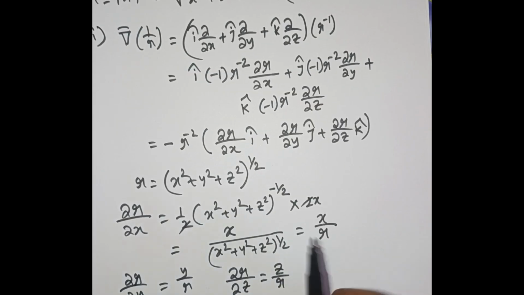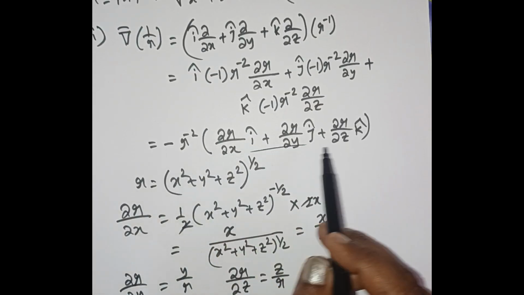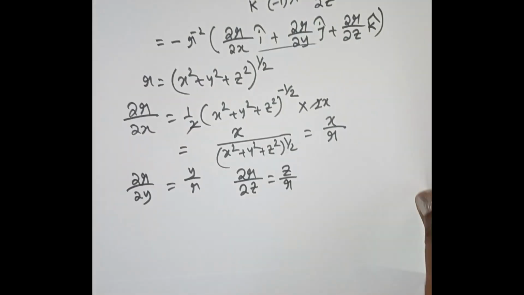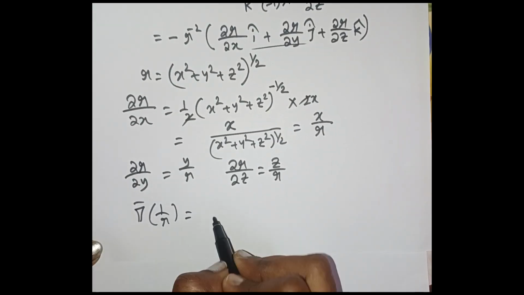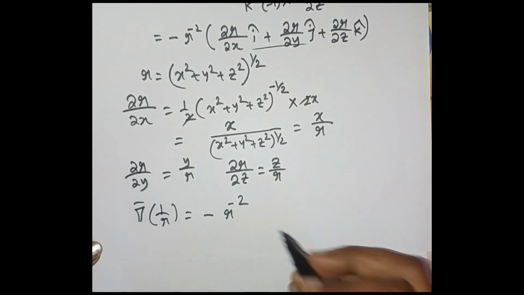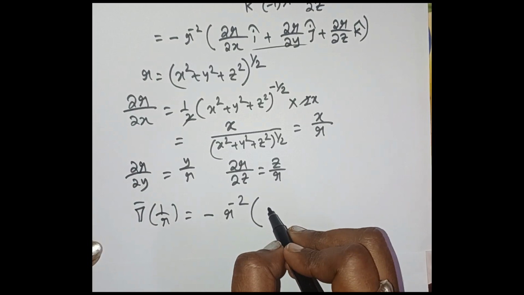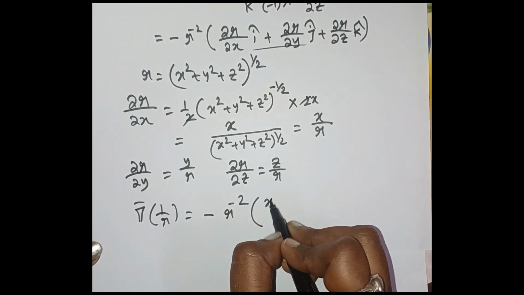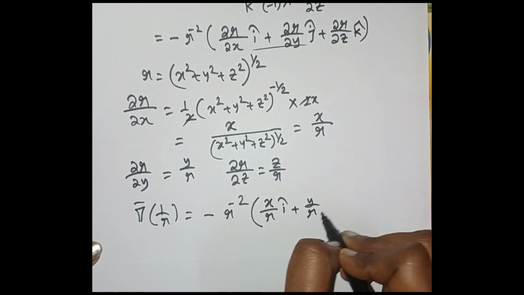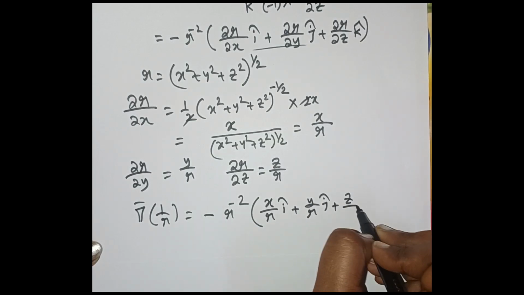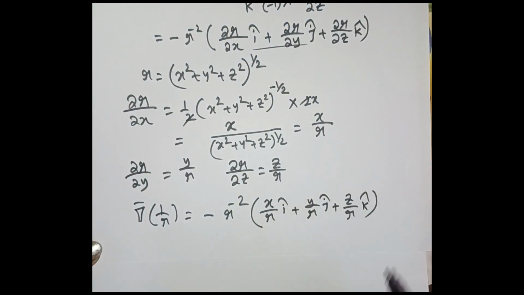Now just put the values in this equation. So the final answer: grad of 1 by r equal to minus r power minus 2 times (x by r i cap plus y by r j cap plus z by r k cap).